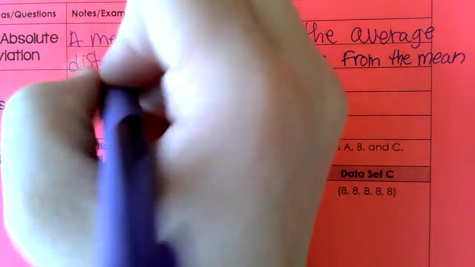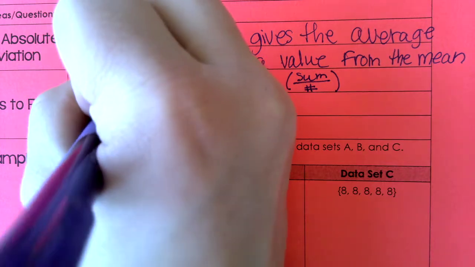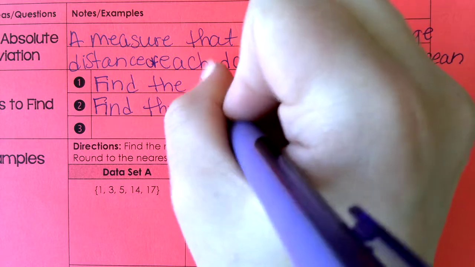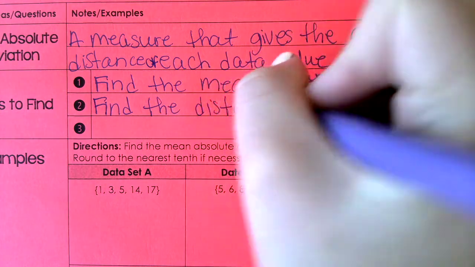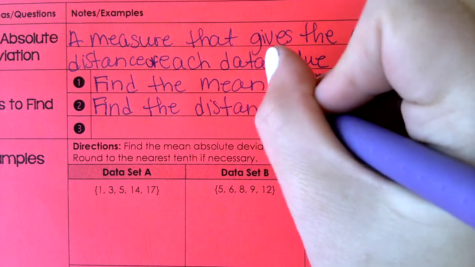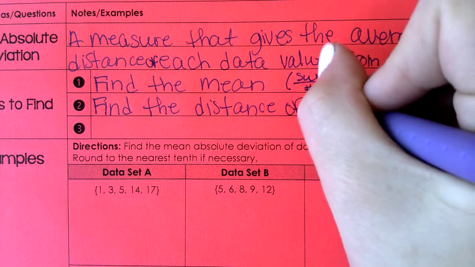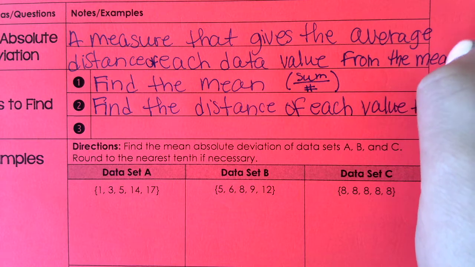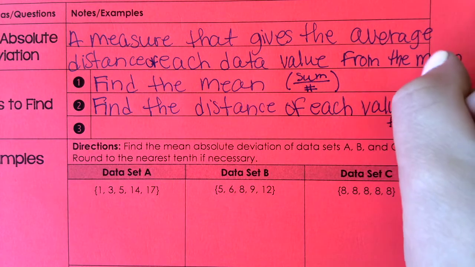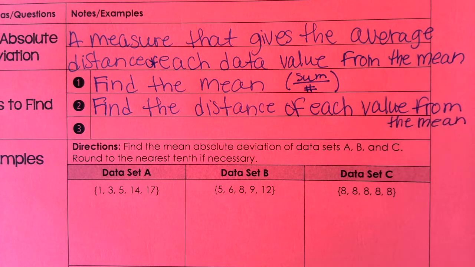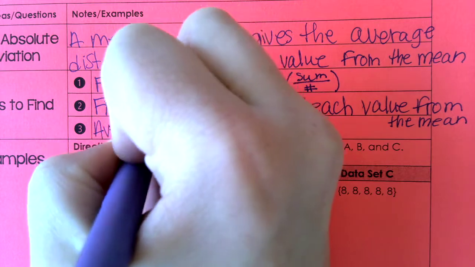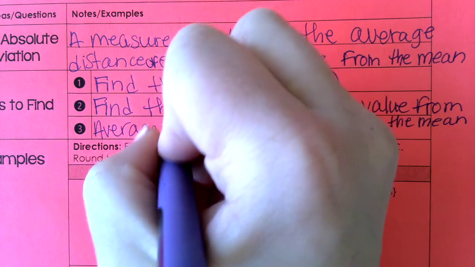Then we have to find the distance of each value from the mean. And then step 3 is average, or find the mean, of those distances.